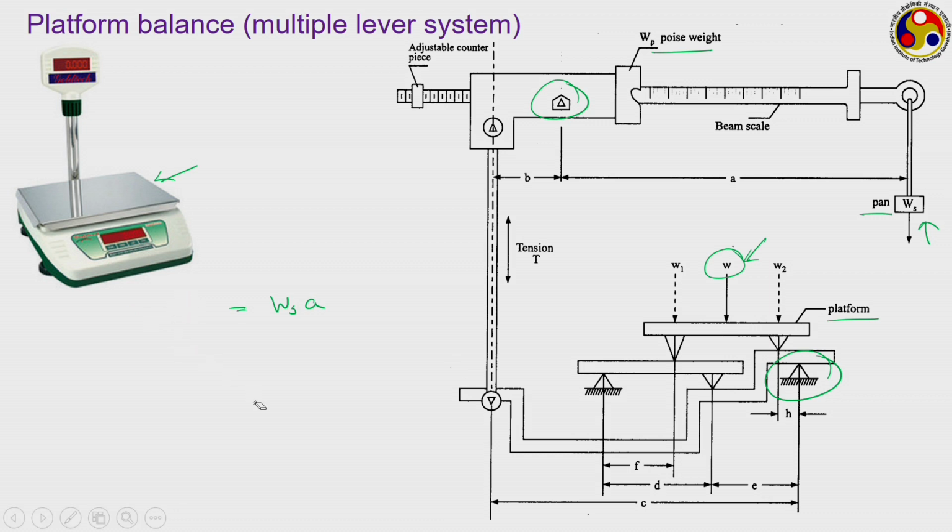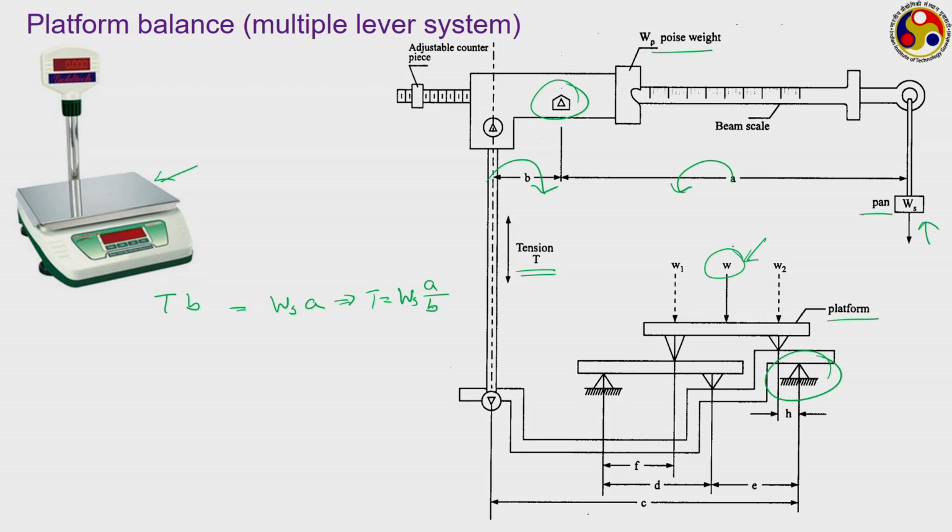Wp does not come into the picture. Rather, if we take a balance corresponding to this, we have Ws into A, which is imposing a torque in this particular direction, and the tension which is acting here is imposing a torque in this direction. So, this should be T into B, thereby giving T is equal to Ws into A upon B.